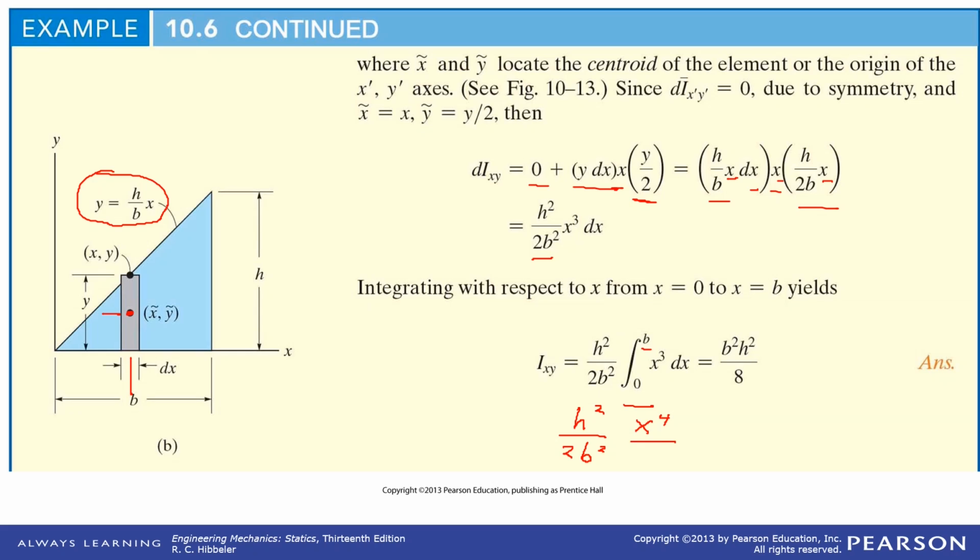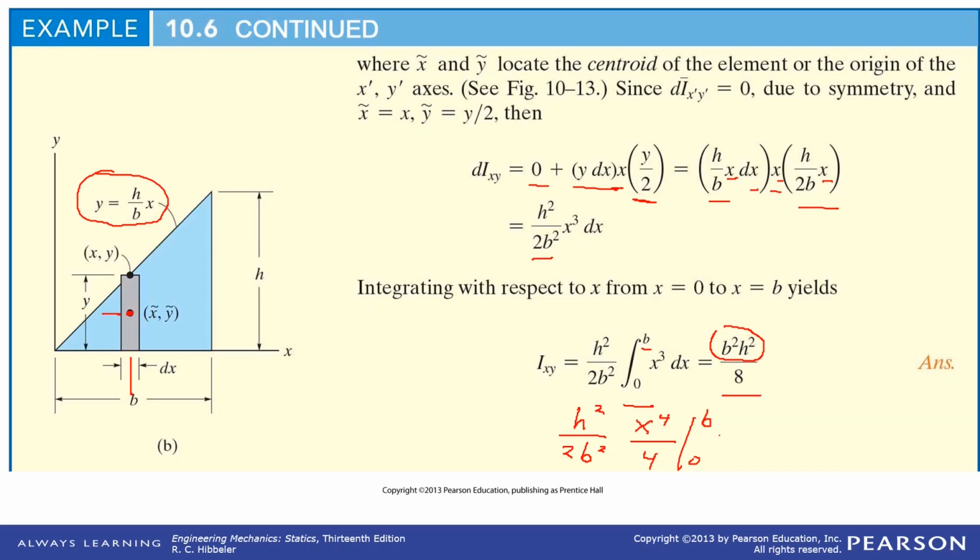Or b to the 4th, I should say, since we're evaluating it from 0 to b. And so we'll have h squared b squared. B to the 4th cancels out 2 of the b's, cancels out b squared. So you just have b squared on top. B squared, h squared, and then the number 8.